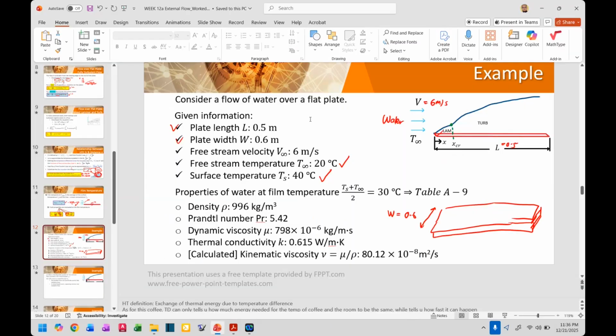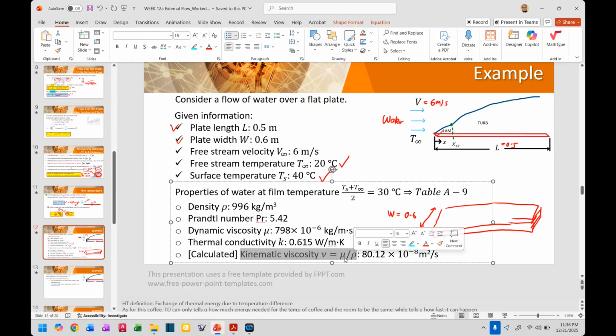And coming back to this example, you all have these numbers on the screen. The only one that you don't have is the kinematic viscosity. That is simply mu over rho. This has been covered in the previous lecture. So if you take mu as 798 times 10 to the minus 6, I actually manipulated this number.